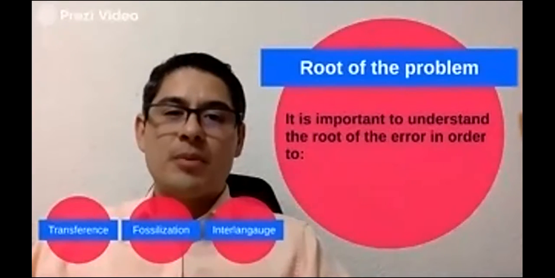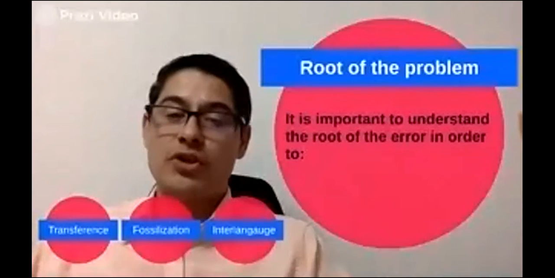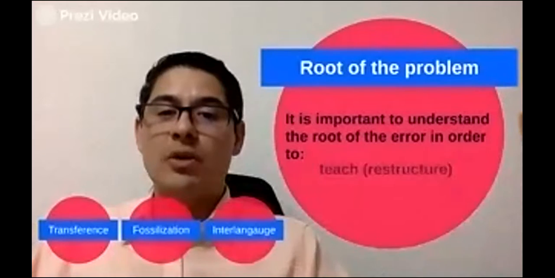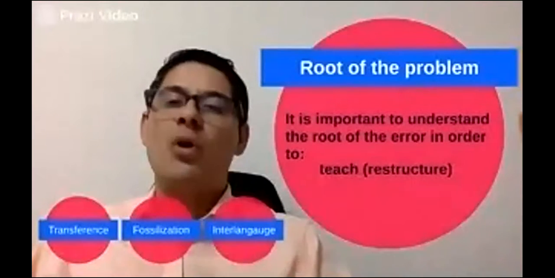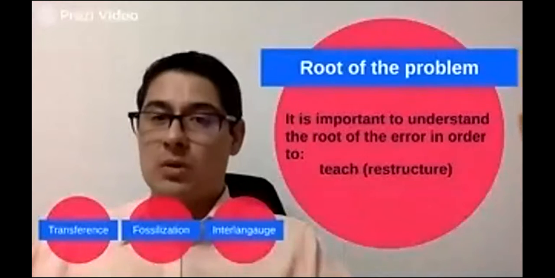So the root of the problem, we need to understand the root of each problem for students. And it is important to understand the root of the error in order to teach or help students restructure what they know.